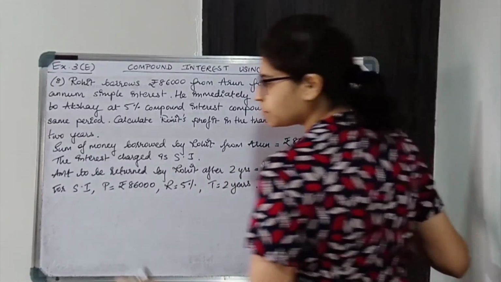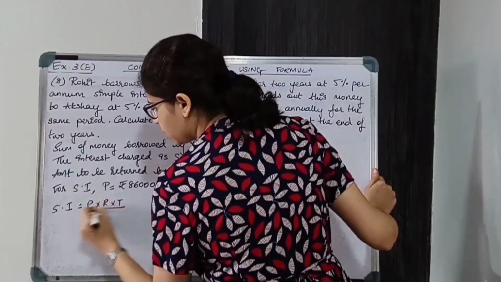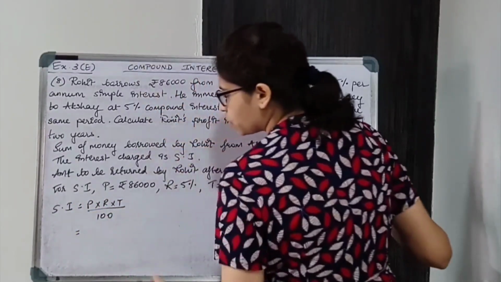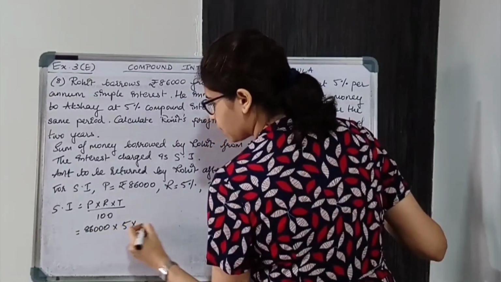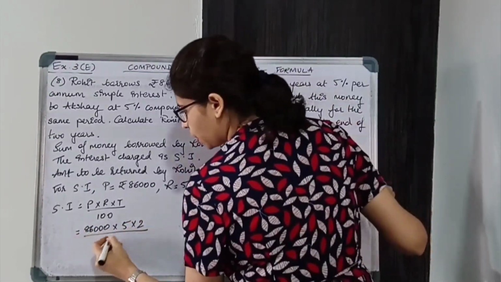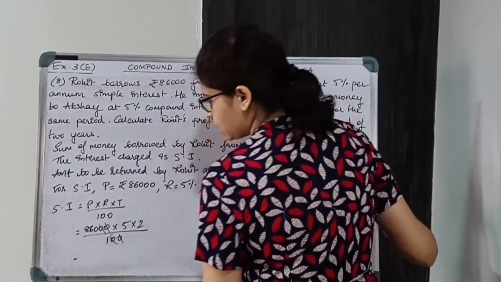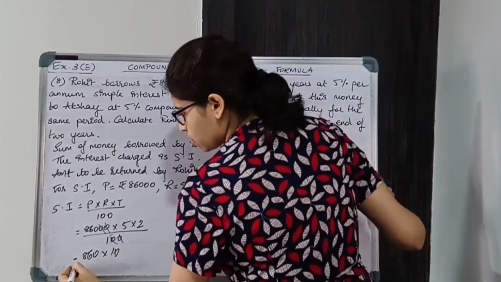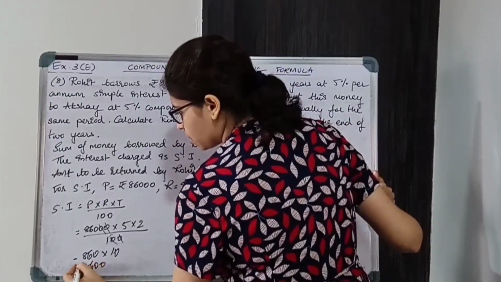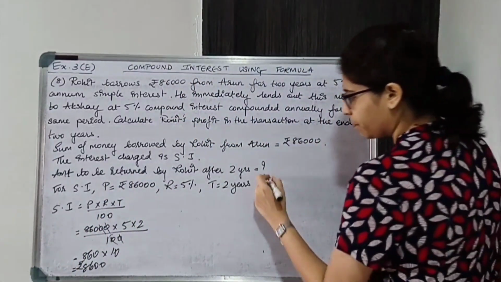So SI is equal to P into R into T upon 100. So that is 86,000 into 5 into 2 upon 100. The zeros will get cancelled, so we are left with 860 into 10. So that is nothing but 8600. Now this is only simple interest. We need to find the amount.